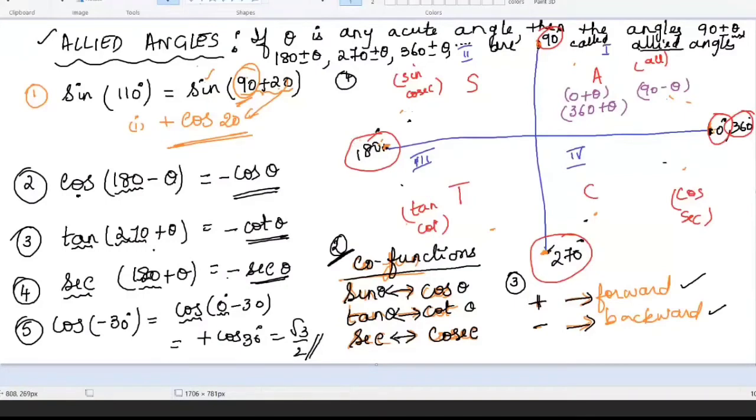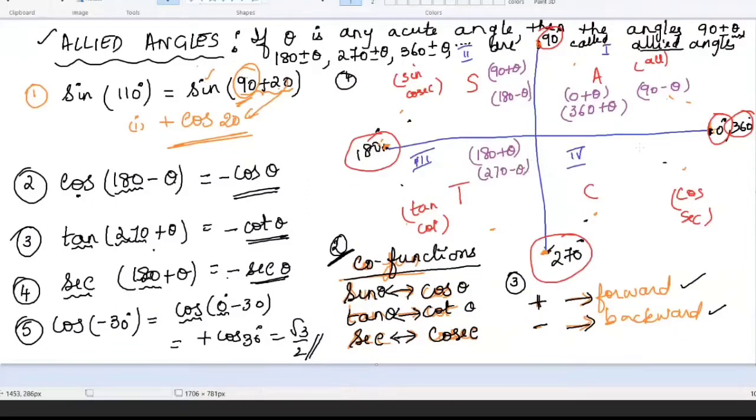Same way, find out which angles come in the second quadrant. One is 90 plus theta, in brackets. Next, 180 minus theta. Third quadrant: 180 plus theta or 270 minus theta.